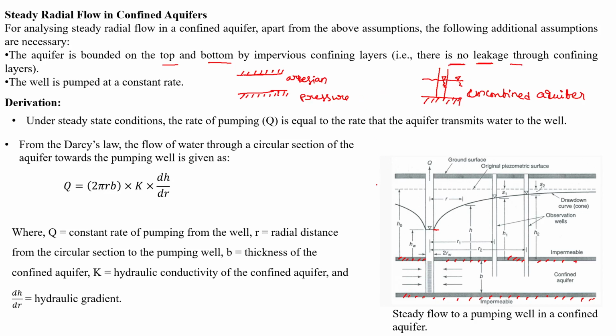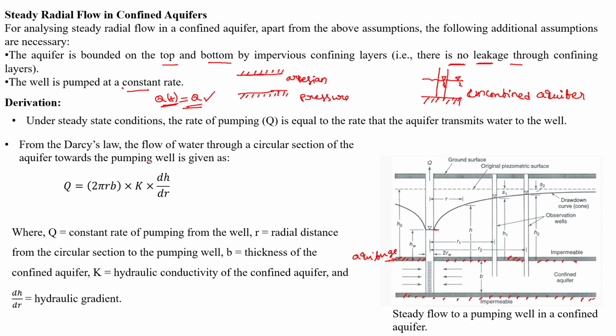These boundaries may be aquifuges. What is an aquifuge? We discussed: it can be a rock which has no pores, no permeability, so zero discharge and zero storage. And the well is pumped at a constant rate, and Q(t) does not vary with time and is approximately equal to Q. These are the assumptions.